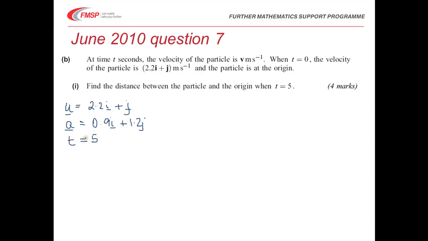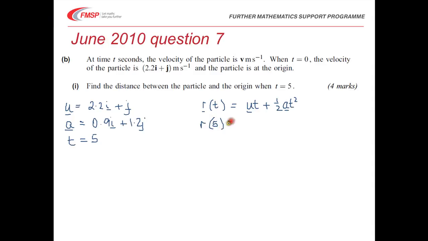So we're using the fact that the general position vector for time t is given by ut plus a half at squared. So this is the equation that we need. We of course want to find it when t is equal to 5, so we're effectively finding r of 5.